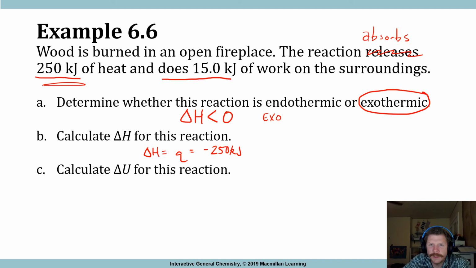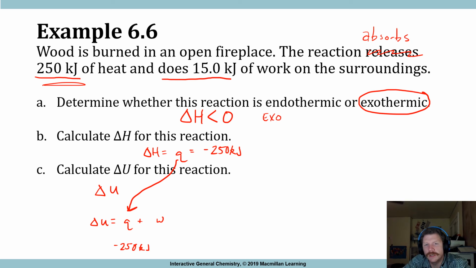Now, the last one is our delta U. How would we calculate this? Well, delta U is equal to Q plus W. Now this Q we actually just defined right here. That's negative 250 kilojoules. Now work done, and it does 15 kilojoules of work on the surroundings.